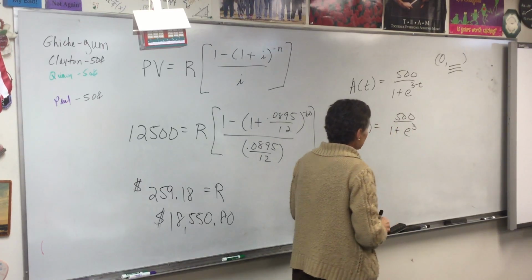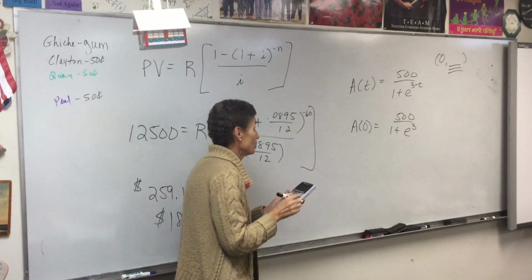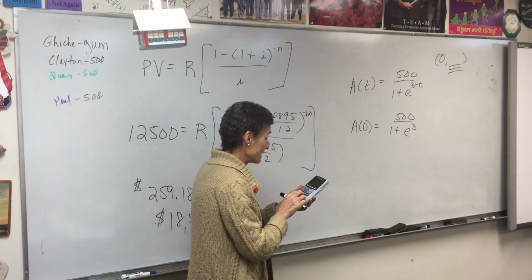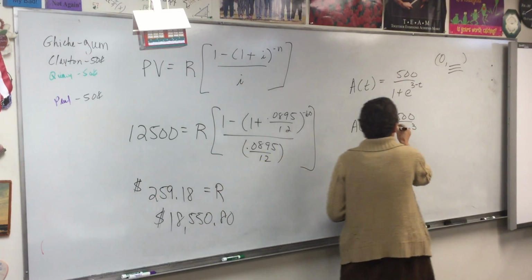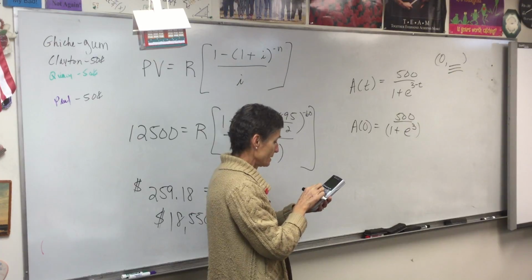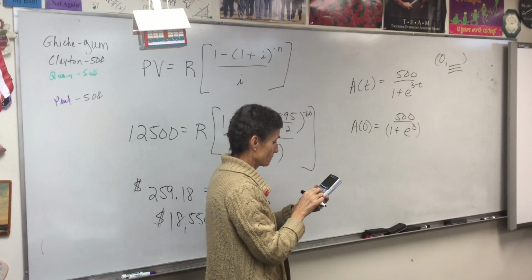And I basically have e to the 0 down there. So 500 divided by, now, you got more than one thing in the denominator, make sure it's in parentheses. 1 plus, how do we get e on our calculator?